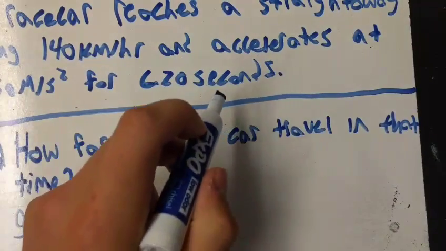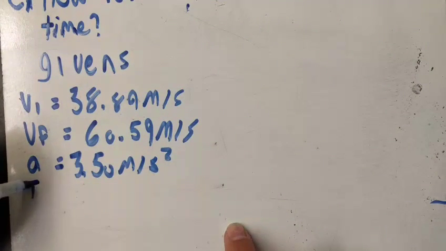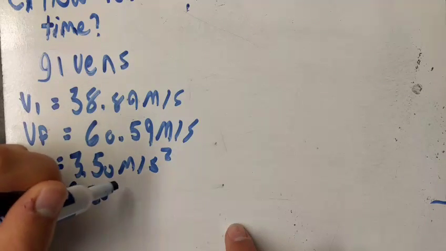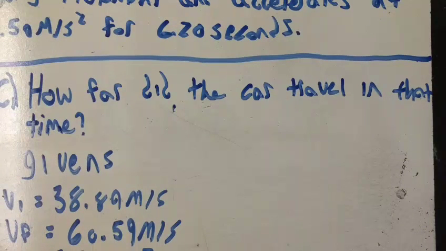And we have a time of 6.20 seconds. And our find value is how far, so it's going to be distance or displacement. For this problem, they're pretty much the same thing.